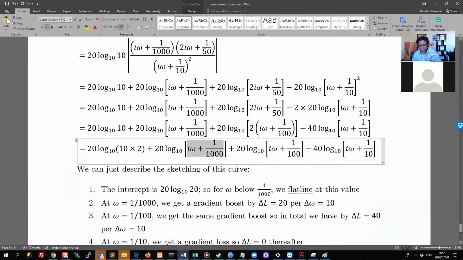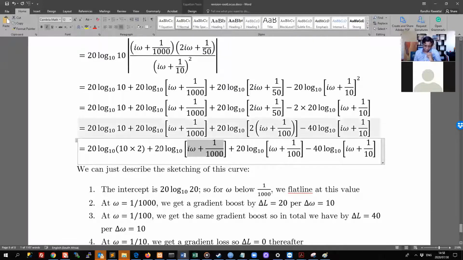So when we look at this, we can say, yes, for this part of the Bode plot, there's going to be that inflection point at 1 over 1,000. And here I've got straight an I omega with the 20. So it's going to be a flat line up to 1 over 1,000. And then after that, it's going to be 20 per factor of 10.